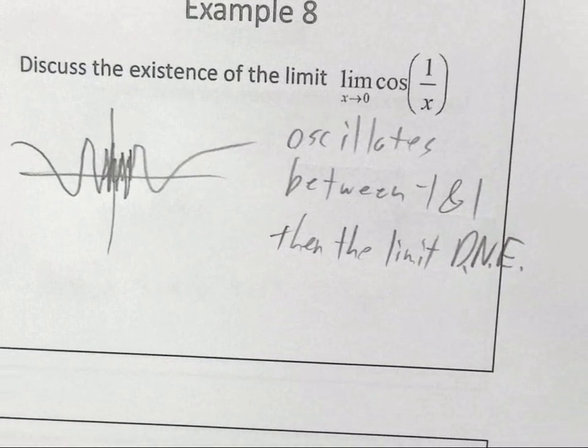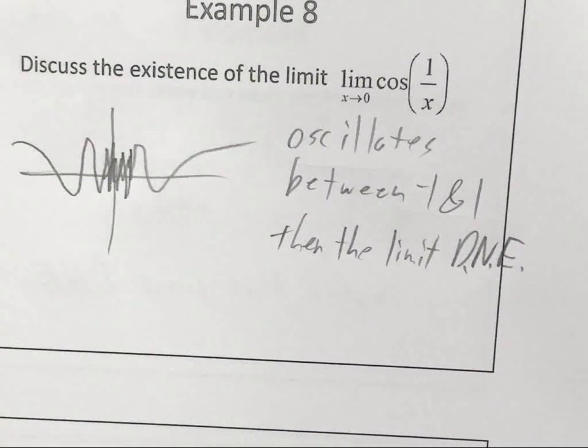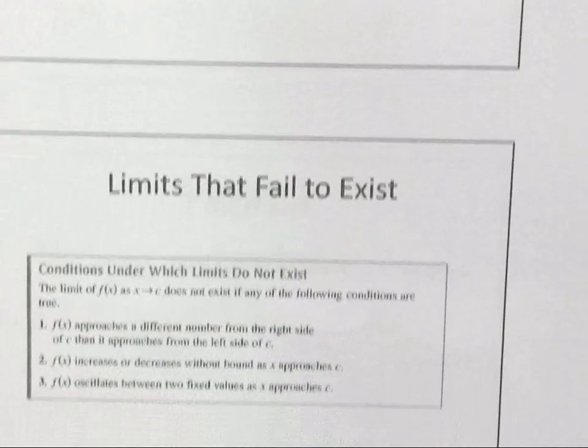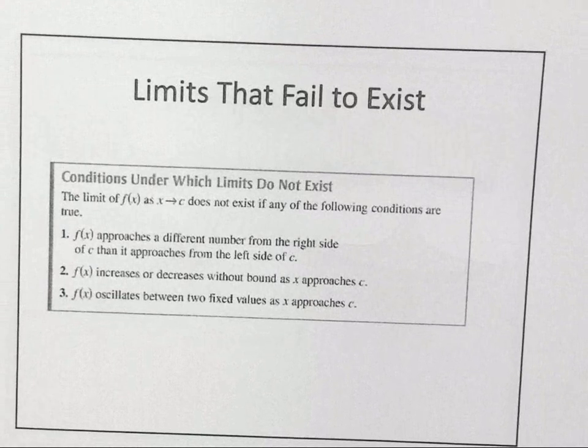So that'd be the explanation you'd write out on a test. You're justifying why it does not exist, or either find the limit or justify how it doesn't exist. Because you're jumping back and forth between two values, you say it doesn't exist. Okay? And those are your three criteria where limits fail to exist.